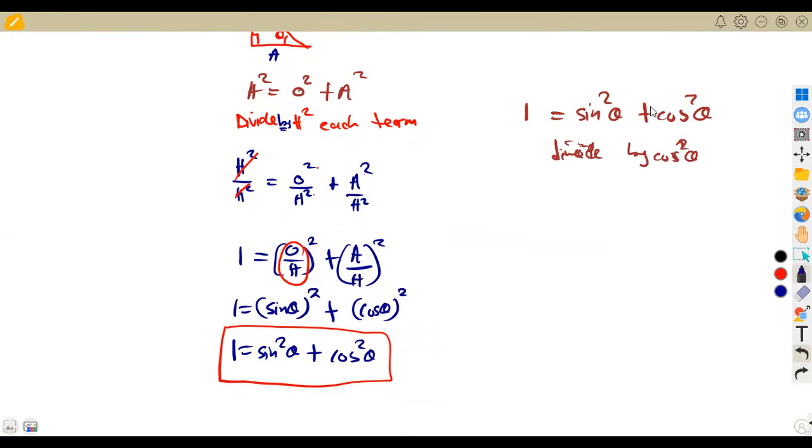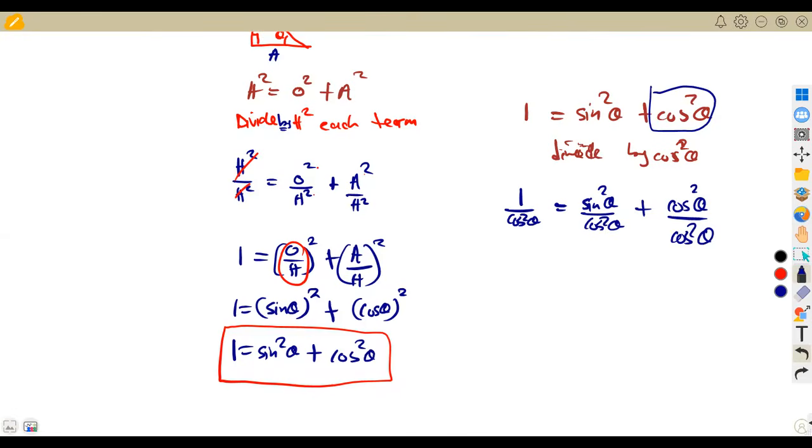I want you to see what's going to happen. If we divide by cos squared theta, we are going to have 1 over cos squared theta is equal to sine squared theta over cos squared theta plus cos squared theta over cos squared theta. We are dividing each and every term.